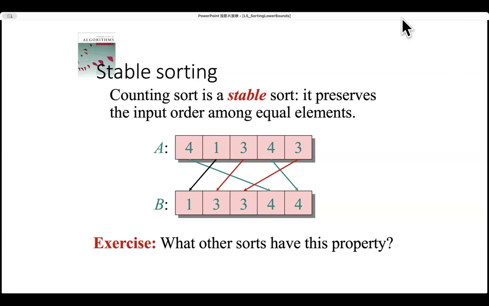In fact, if you design the sorting algorithm carefully enough, the only sorting algorithm that we cannot guarantee the stable sort property for so far is quick sort. Most of the sorting algorithms enjoy this property except quick sort.